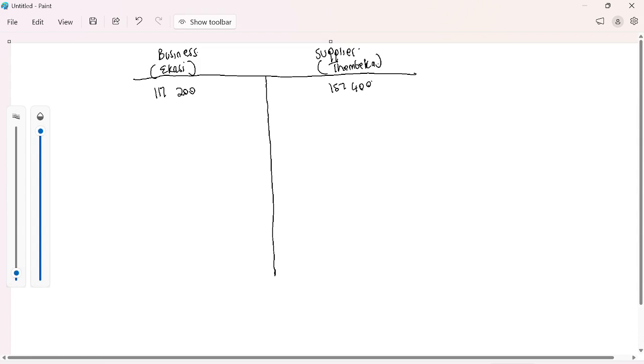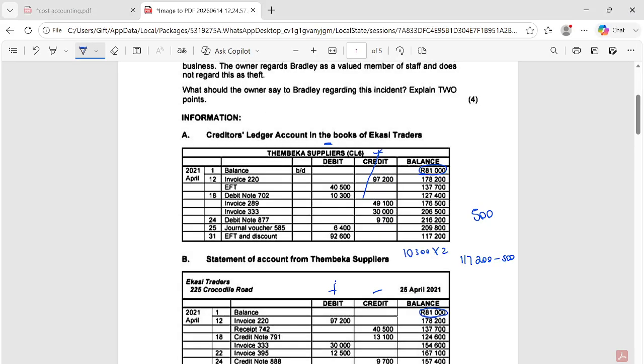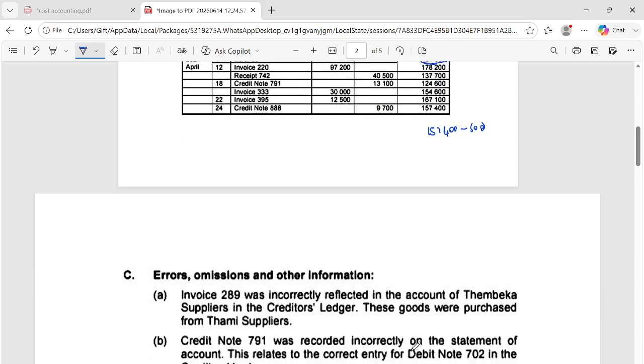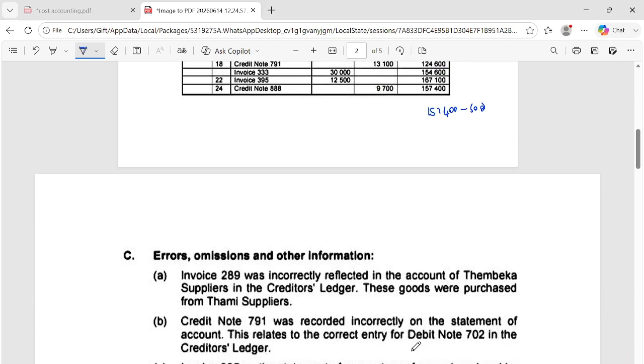Now I'm going to come to the transactions here. They are saying that invoice 289 was incorrectly reflected in the account of Temberg suppliers in the creditors ledger. These goods were purchased from Tami suppliers. Remember, at the beginning of the video, I said do not mix something that does not relate to your other supplier.